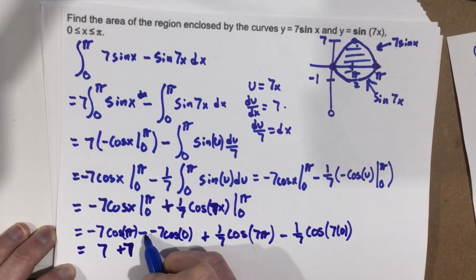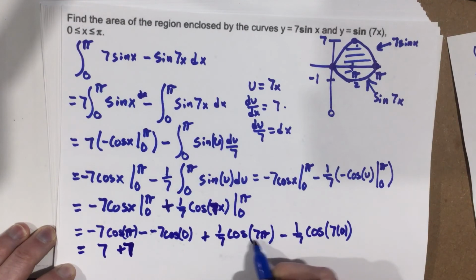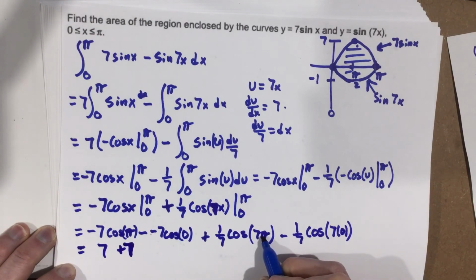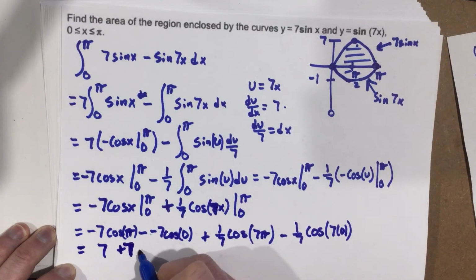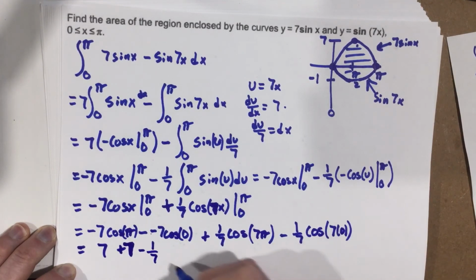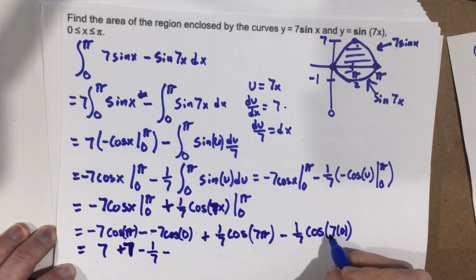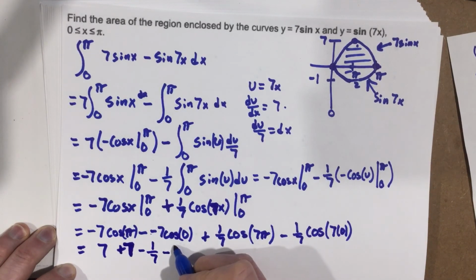That's negative 7, and that was a 1, so plus 7. 7 pi ends up over here, so cosine would be negative 1, so it's minus 1/7. And cosine of 0 is 1, so 1 times negative 1/7, minus 1/7 there.